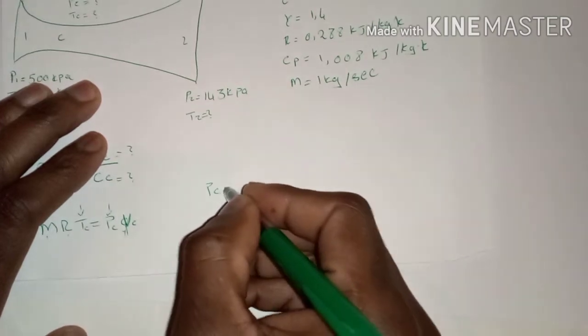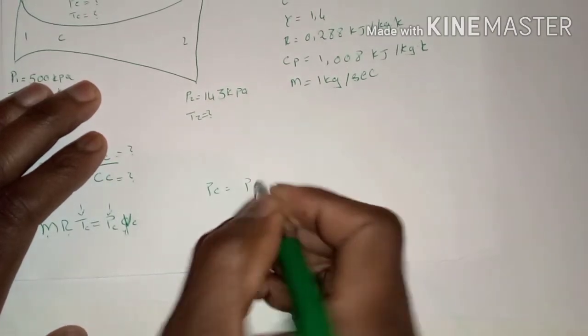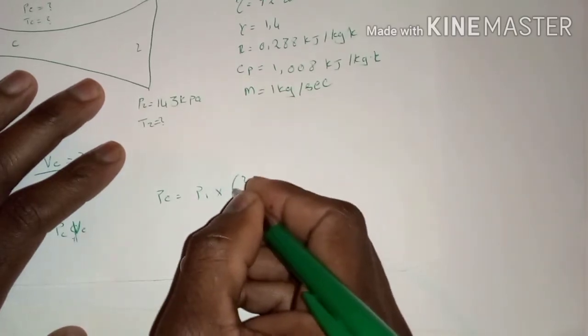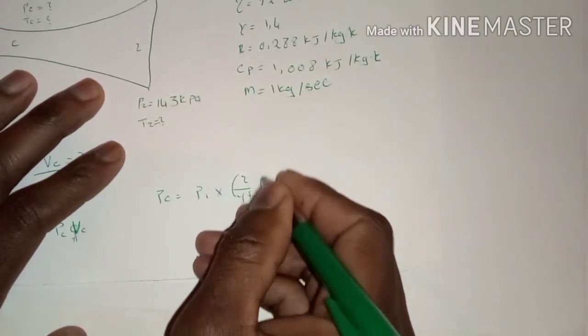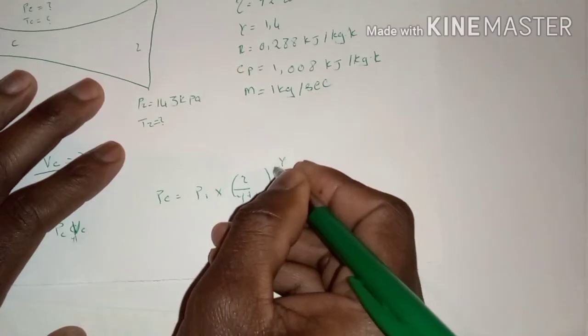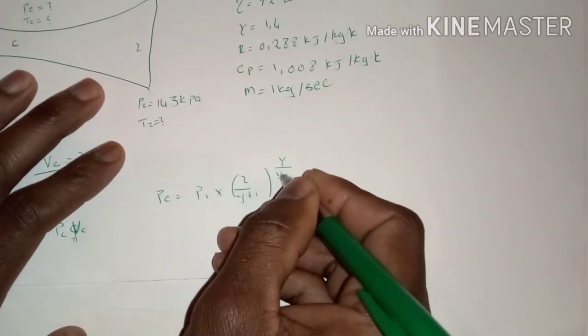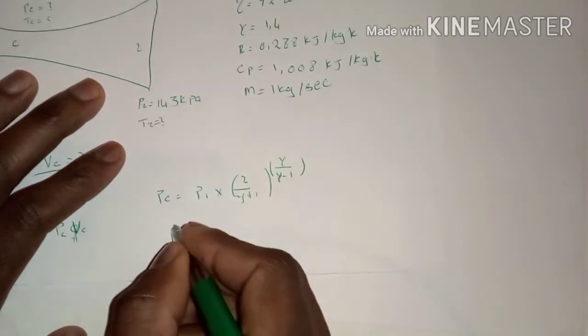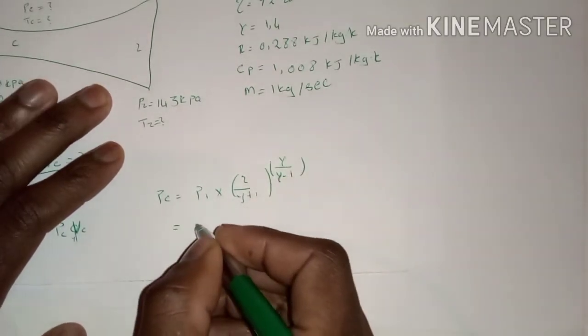We know PC is given by P1 times 2 divided by gamma plus 1, raised to gamma divided by gamma minus 1. So what is the value of P1?